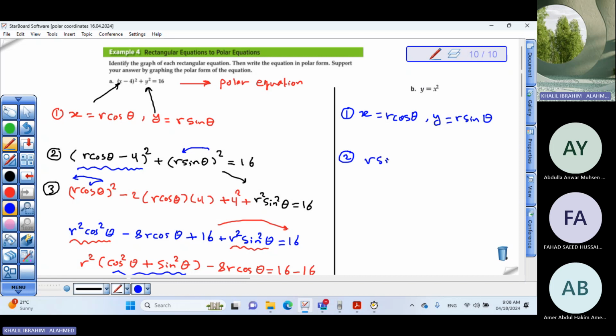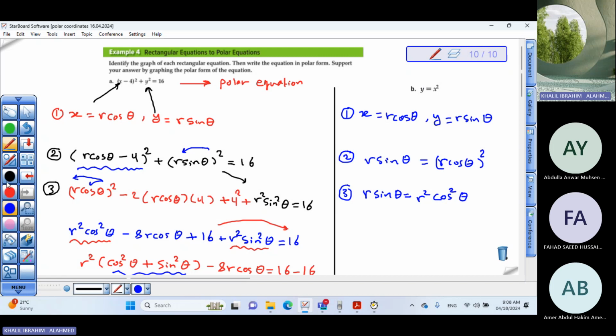r sine theta equals r squared cosine squared theta. Okay, this is step 3, simplification. r sine theta equals r squared cosine squared theta.